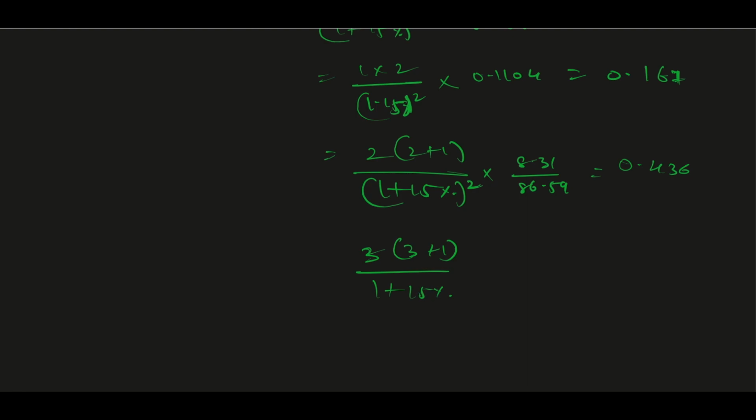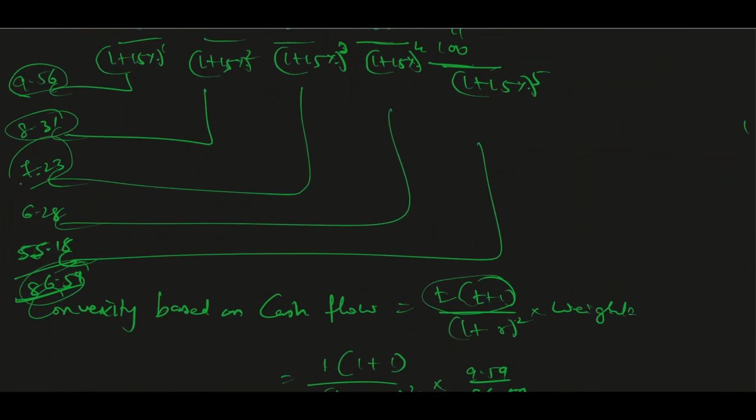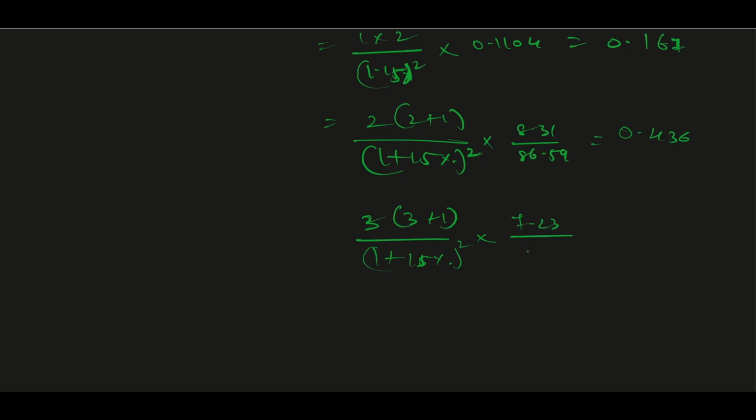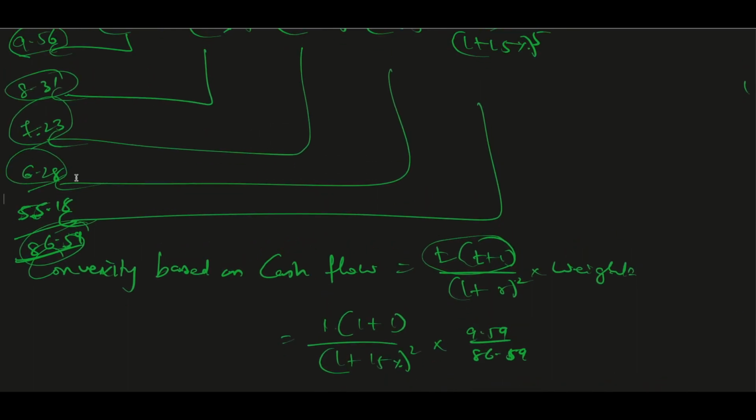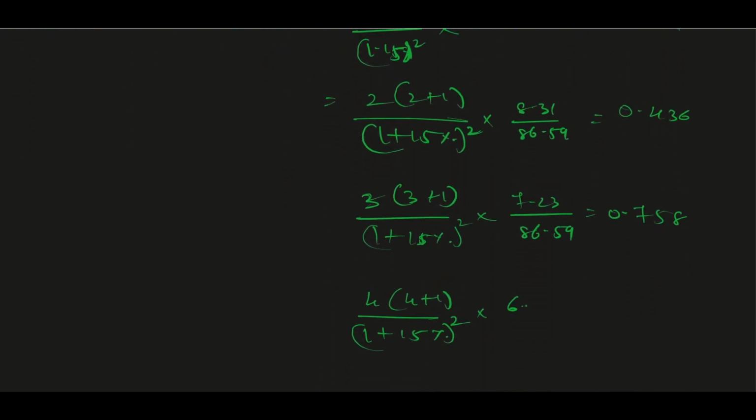Then the third one, it will be 3 into 3 plus 1 divided by 1 plus 15 percentage raised to 2, into 7.23 by 86.59. So the third one comes to 0.758. Similarly, the fourth one will be 4 into 4 plus 1 divided by 1.15 squared, into 6.28 divided by 86.59.